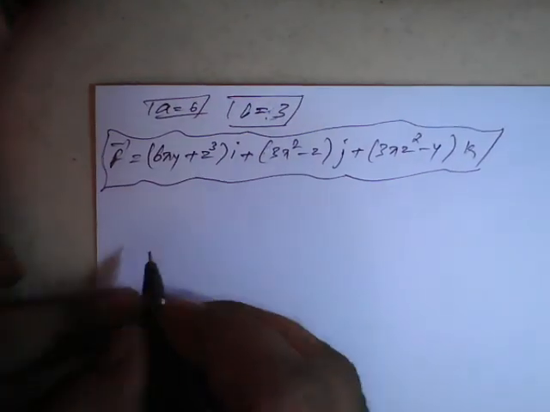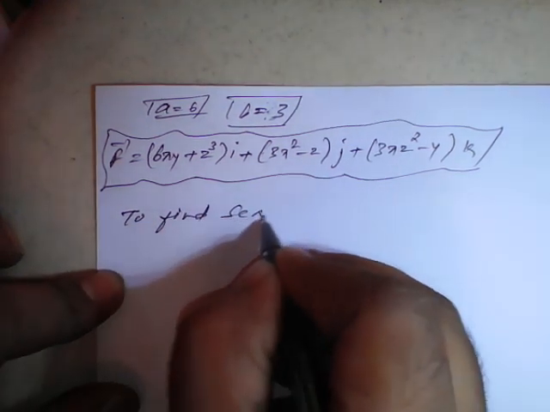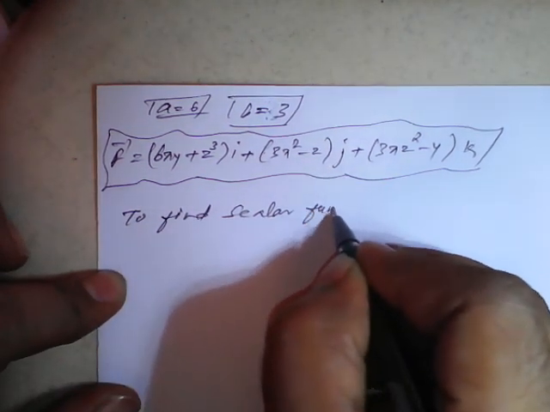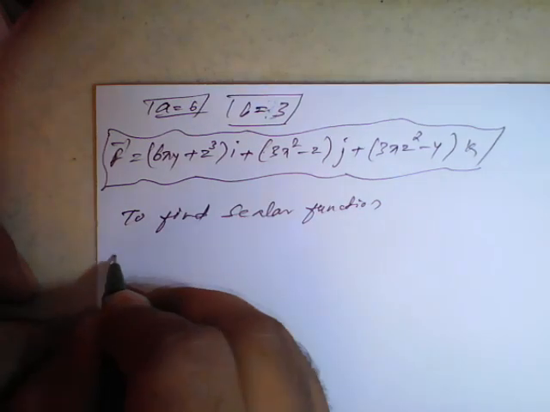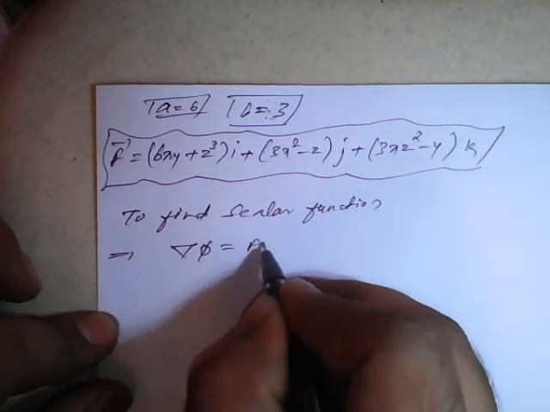So to find a scalar function, we'll use what here, del phi is equal to vector f.